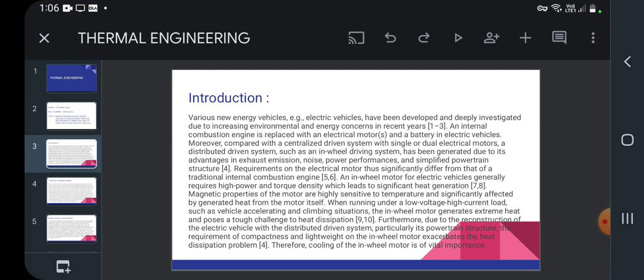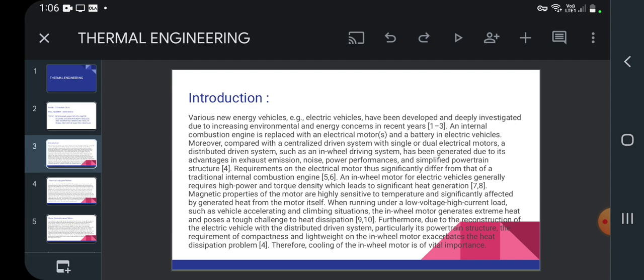The magnetic properties of a motor are highly sensitive to temperature and significantly affected by the heat generated from the motor itself when running under a low voltage, high current load, such as in vehicle accelerating and climbing situations. The in-wheel motor generates extreme heat and poses a challenge for heat dissipation.